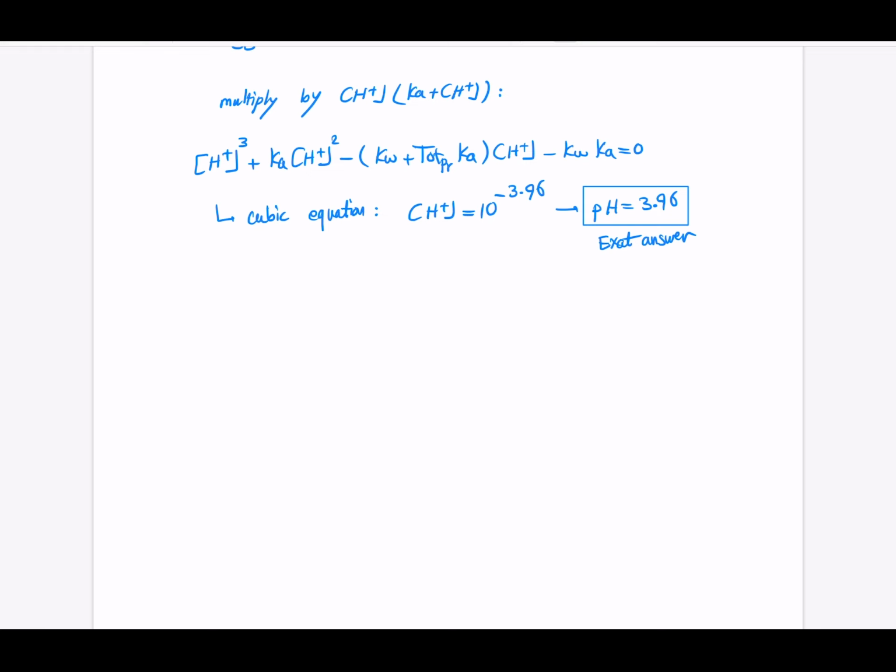So now let's say we want to apply some assumption, as we did for the previous example. So let's consider the same assumption as in example 1.